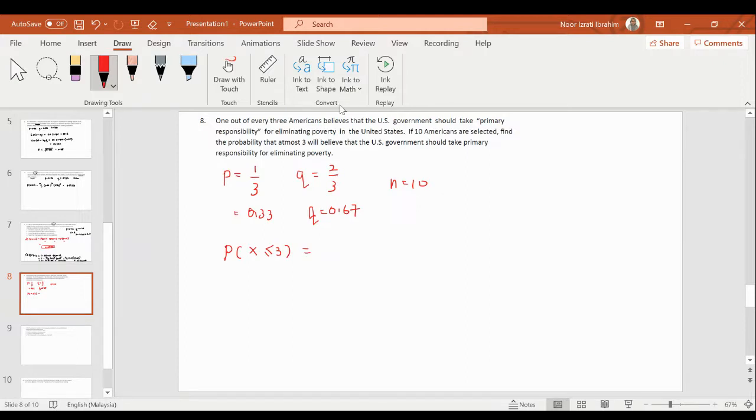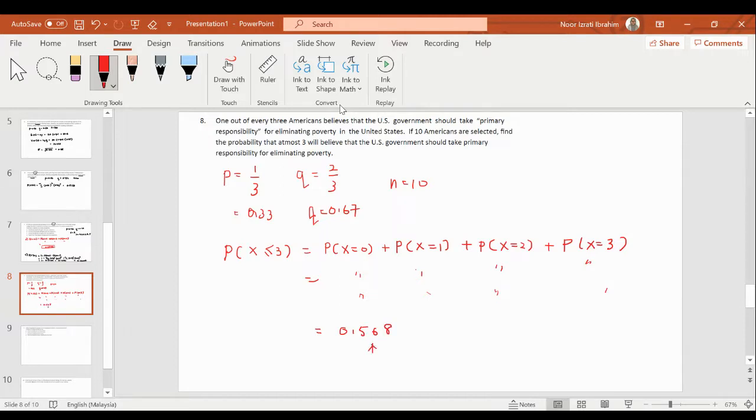Then it is equivalent to probability when x equals 0 plus probability when x equals 1 plus probability when x equals 2 plus probability when x equals 3. So you have to find them one by one by using the binomial distribution function, and you should get 0.568.